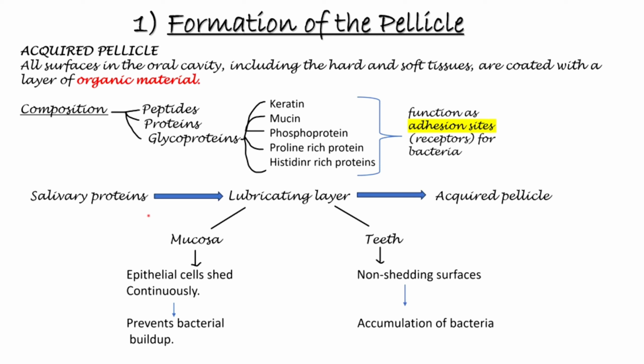The salivary proteins form a lubricating layer, and this is called the acquired pellicle. This pellicle can be formed on mucosa and teeth. Mucosa contains epithelial cells which shed continuously. This prevents bacterial buildup, while teeth are non-shedding surfaces, so they promote accumulation of bacteria.